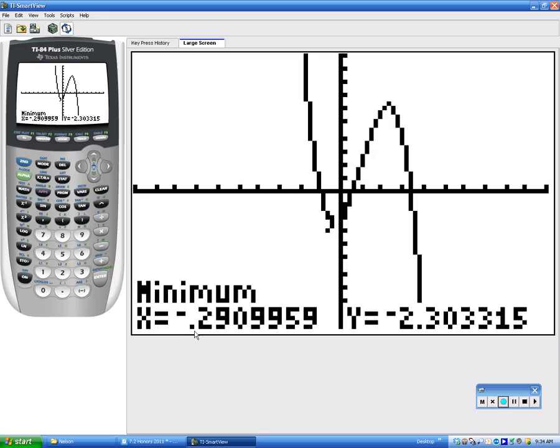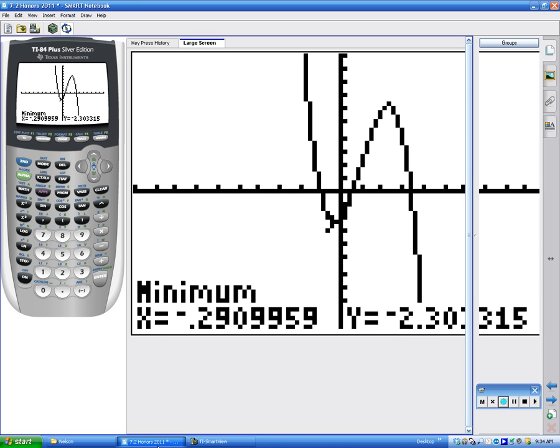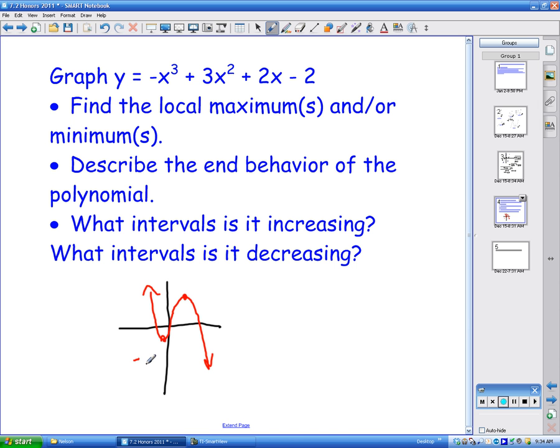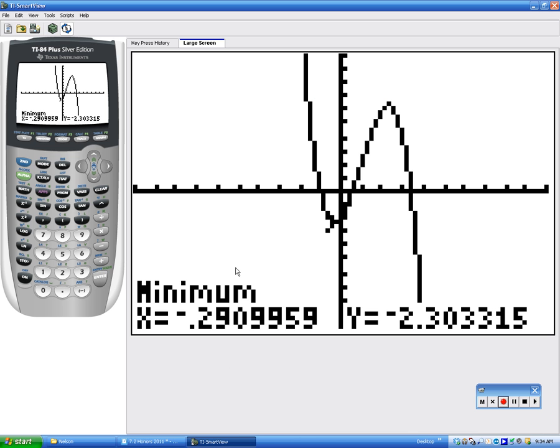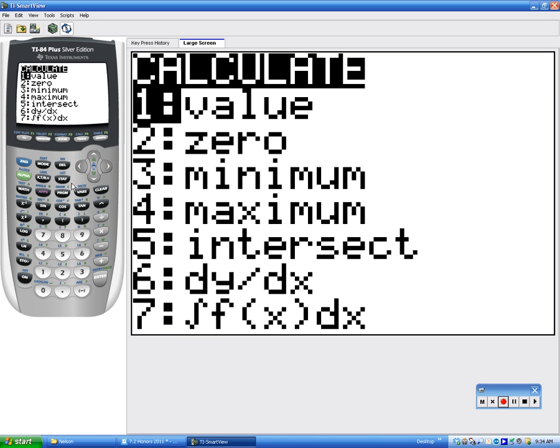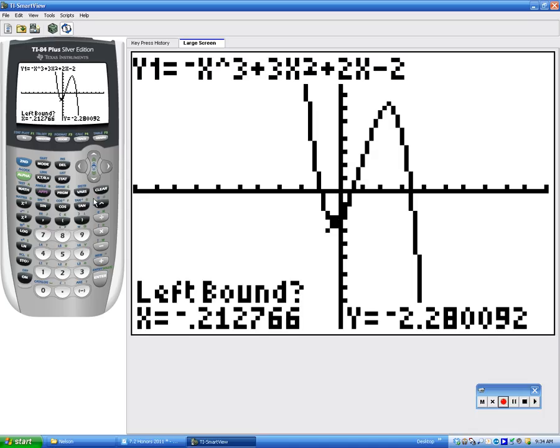So it looks like our minimum is -0.3 and then -2.3, and we'll round it. So -0.3, -2.3. That's our minimum. And then our maximum, we'll hit second, trace, maximum this time.